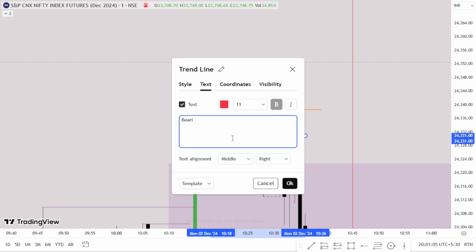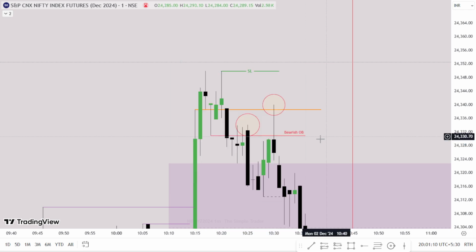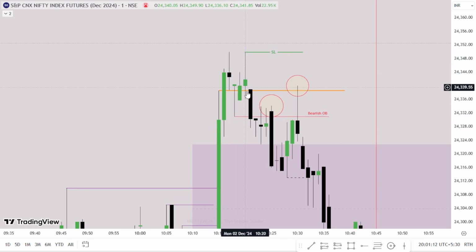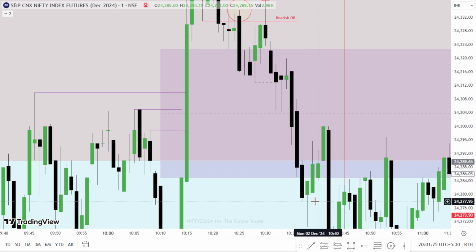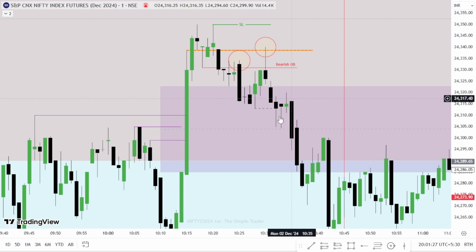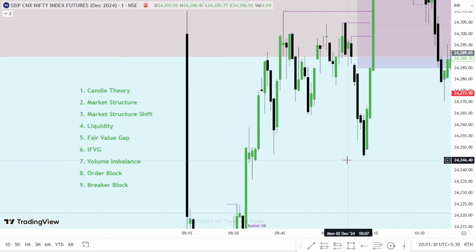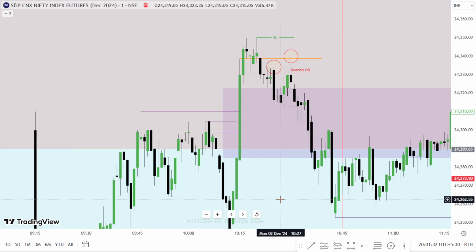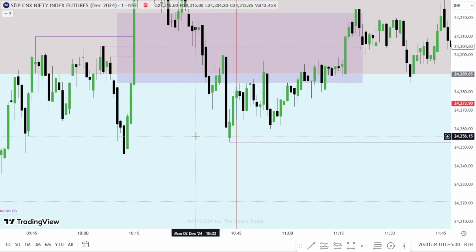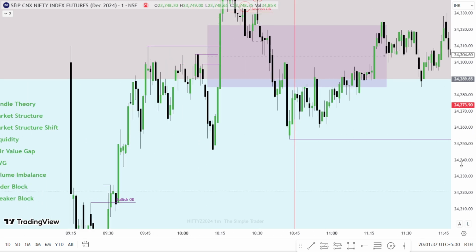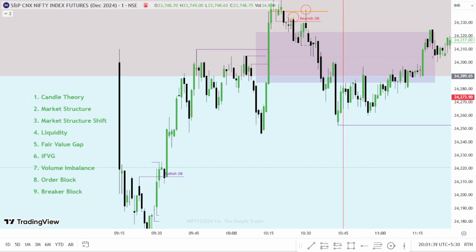This is a series of up-close candles. Price comes down and then again hits these candles and then falls down. So this is a bearish order block. More about order blocks and breaker blocks I'll explain in later videos. No need to understand it right now because I'm just giving you an overview of everything.